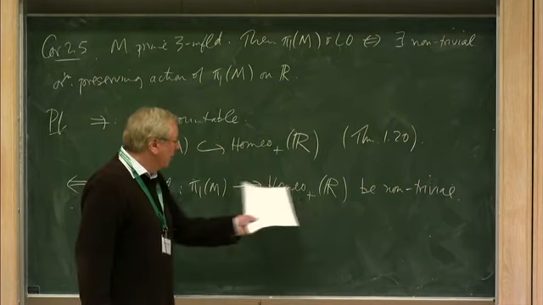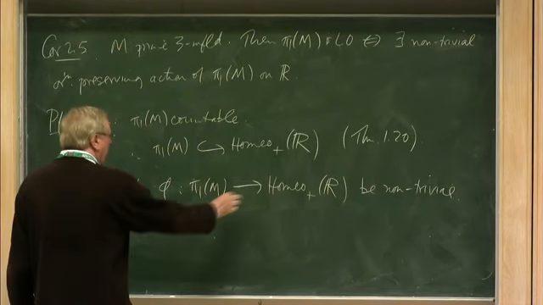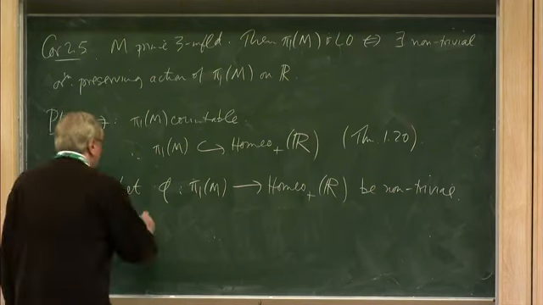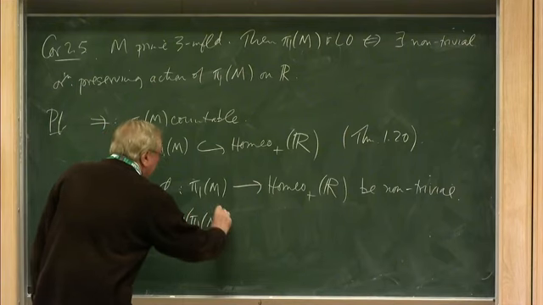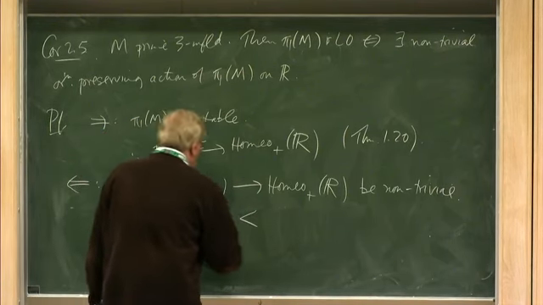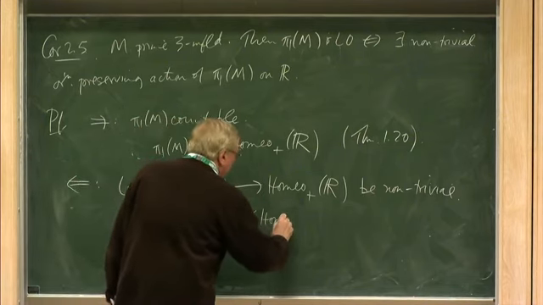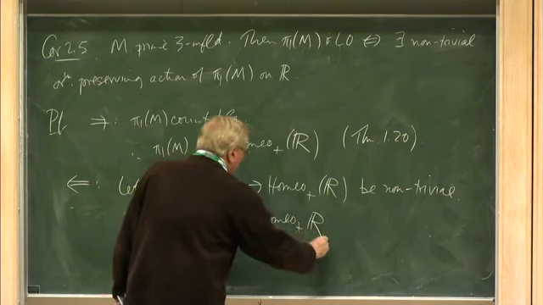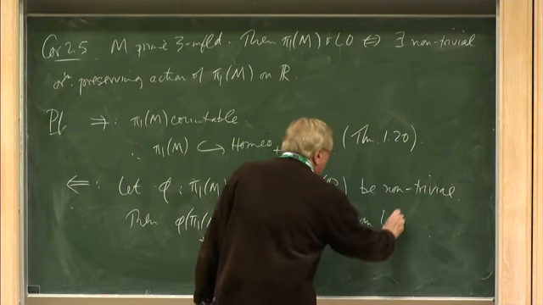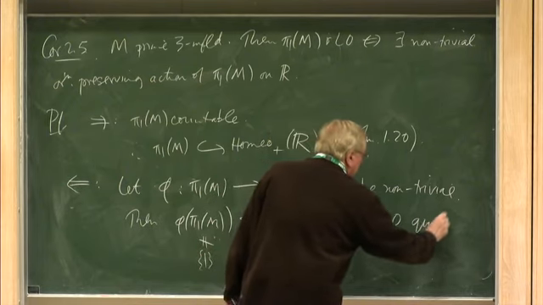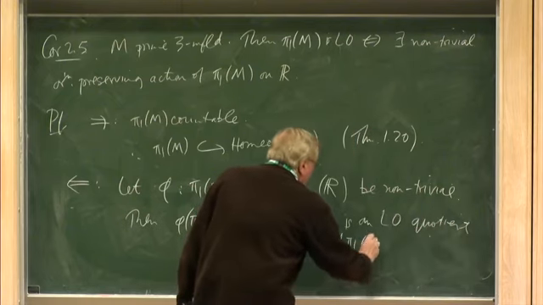So in particular, this group is left orderable, and so any subgroup will be left orderable, right? So phi of pi 1 of M, the non-trivial subgroup of Homeo plus R, is left orderable. So this is an LO quotient of pi 1 of M, and therefore pi 1 of M is left orderable.